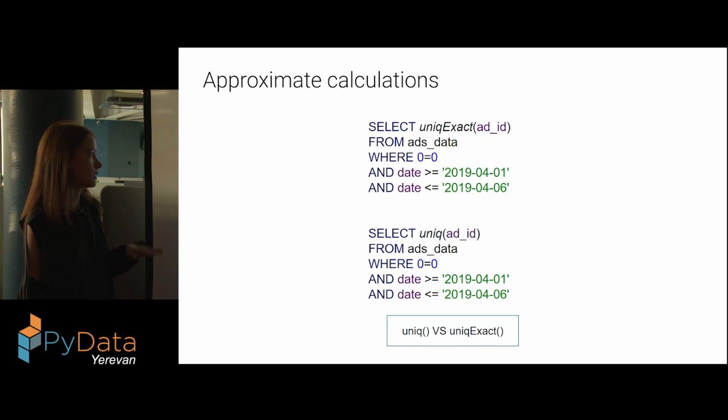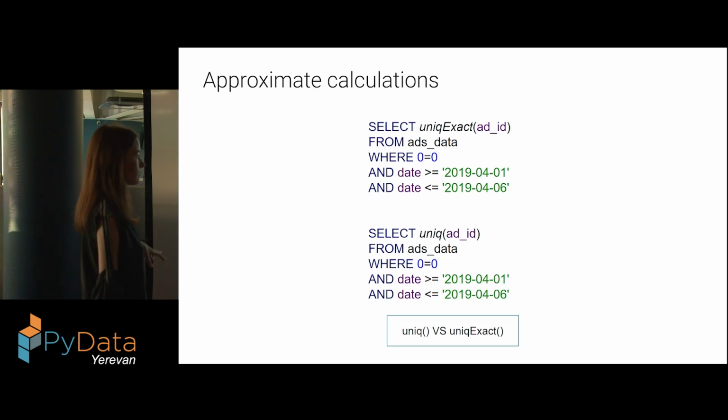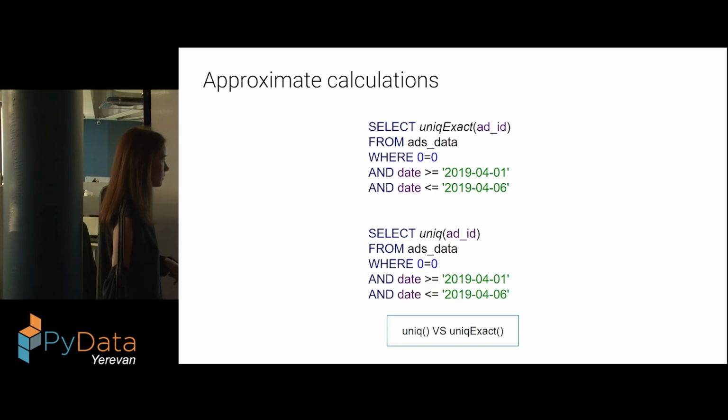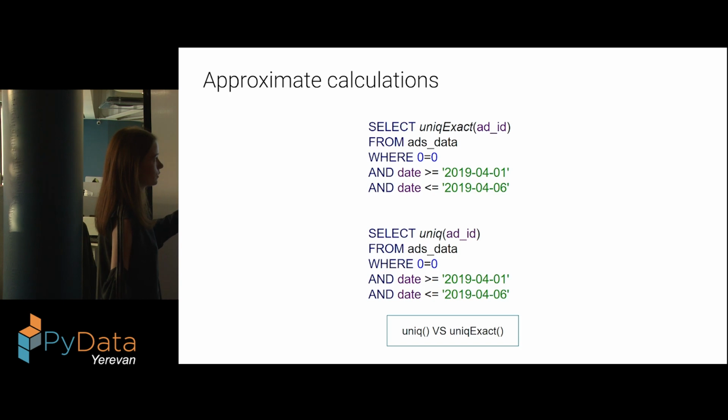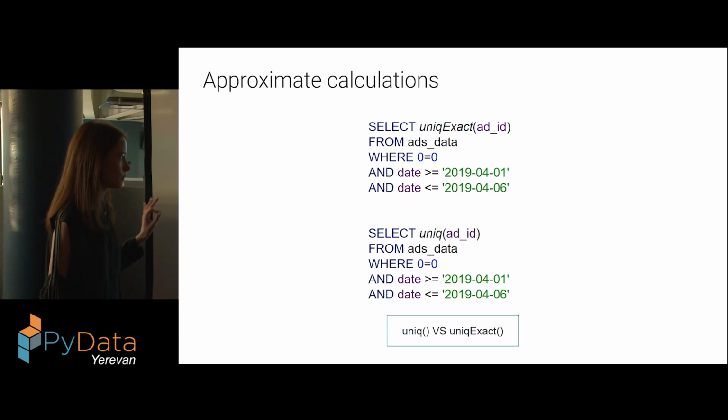Also, as I said at the start of the presentation, we have approximate calculation inside ClickHouse, with functions that can be applied in your queries. So you can have the uniqExact function and the uniq function. What uniqExact does is calculate the unique amount of your ad IDs in your table, and it will be really precise.